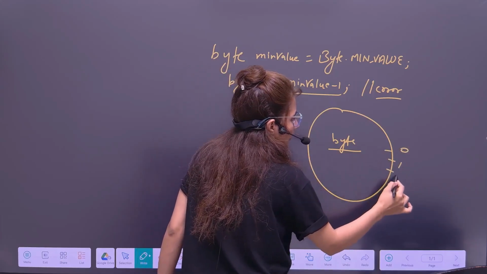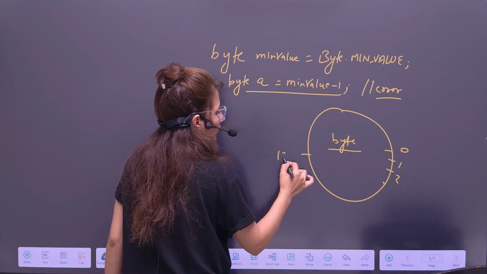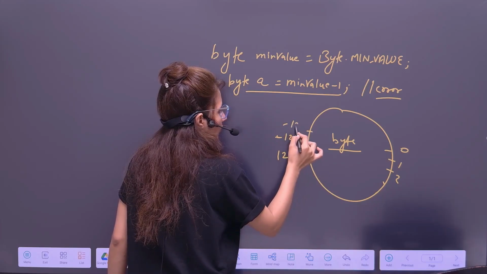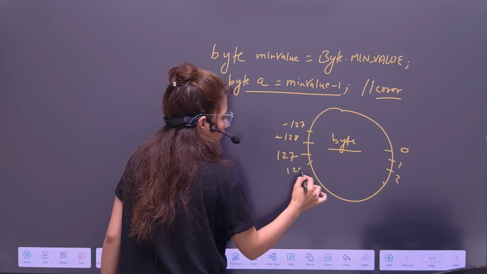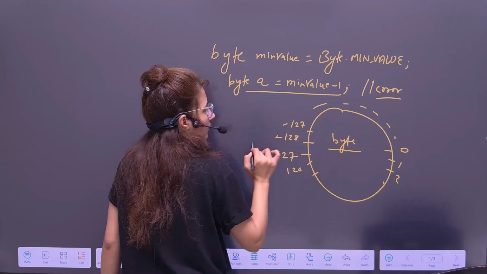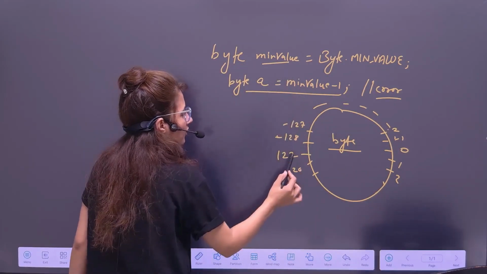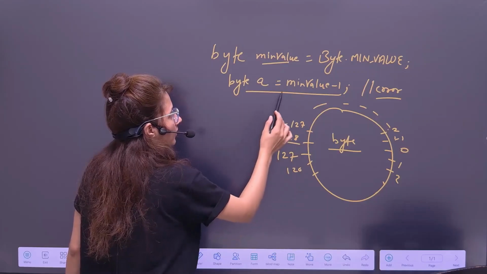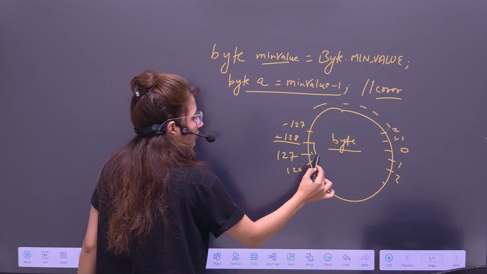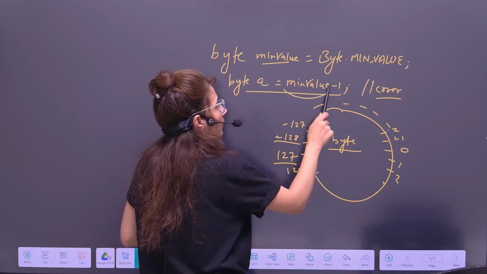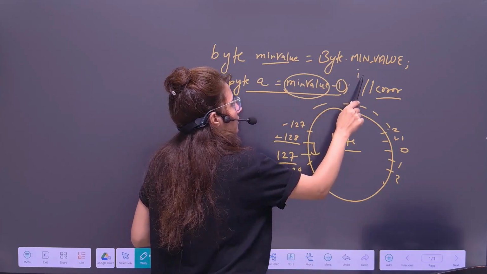Byte goes from 0, 1, 2 like this; here it would be minus 128, minus 127, 127, 126, something like this, right? Minus 1, minus 2. So the minimum value is what? Minus 128. If you do minus 1 again, it should give you 127, but it is giving you an error. Why so? Because these operands are converted into int.